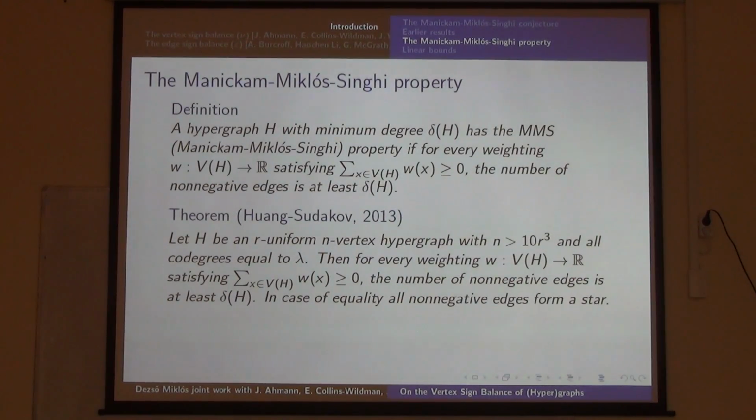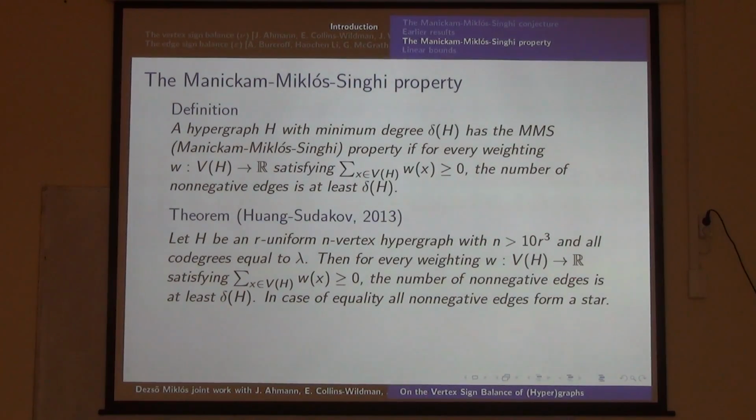It's clear that you can always reach δ(H), because, as in the original construction, you just assign one big positive number to one vertex, the vertex of minimum degree, and all the others are negative.